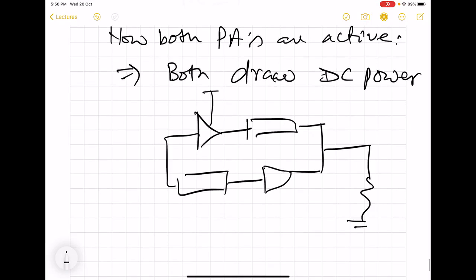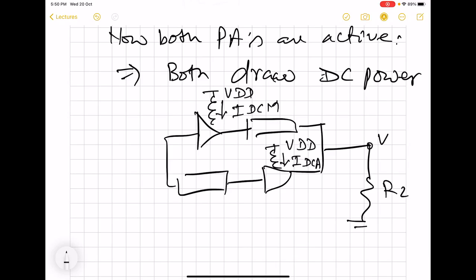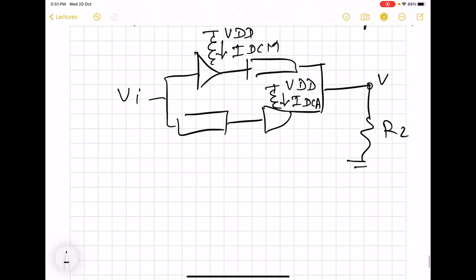They are connected to VDD. This one is also connected to VDD. So both will be drawing DC current.